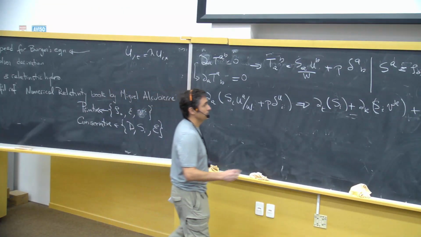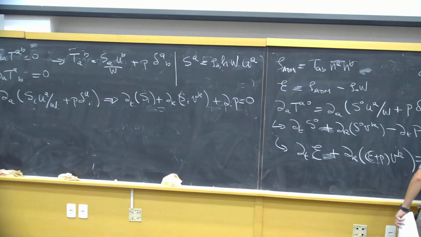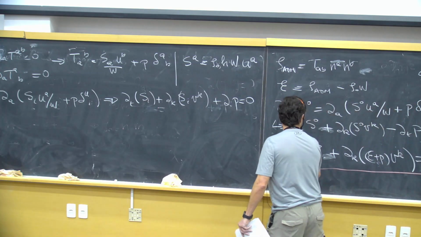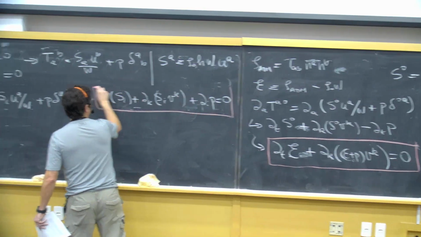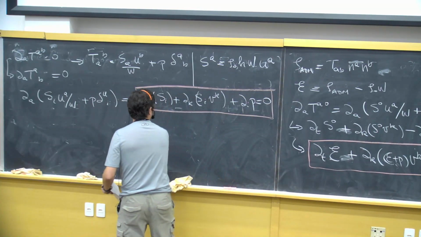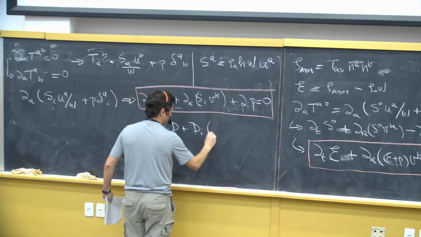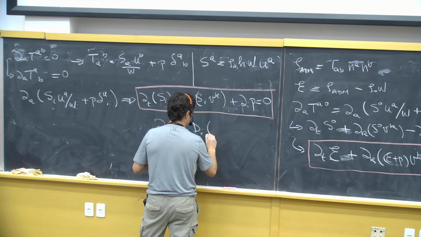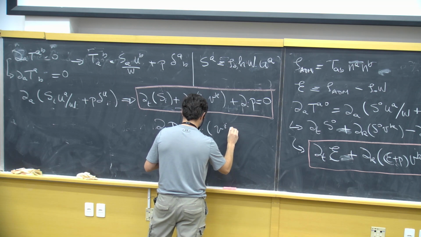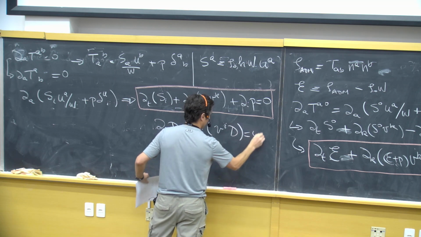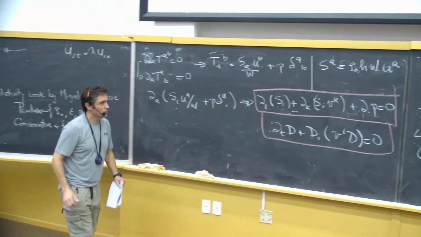So we now have, let me just circle this. So those are our variables.